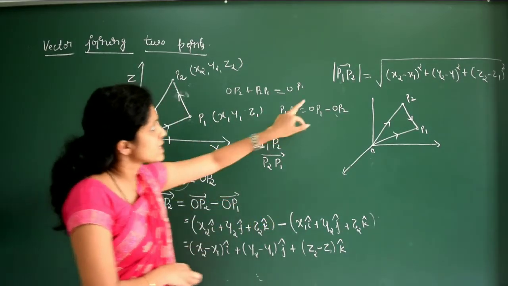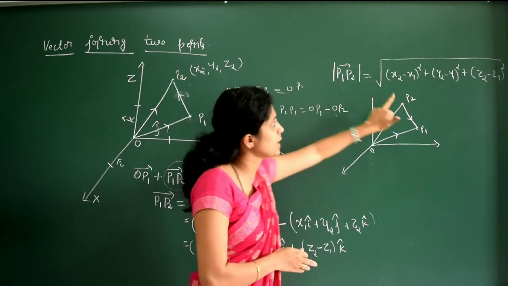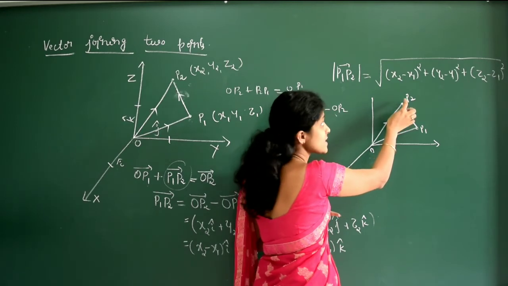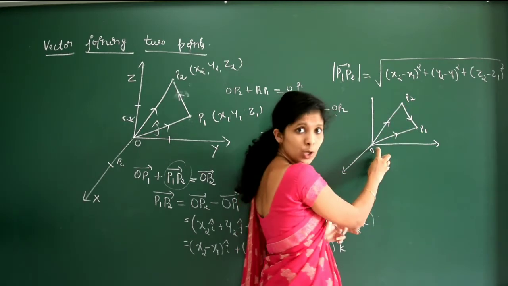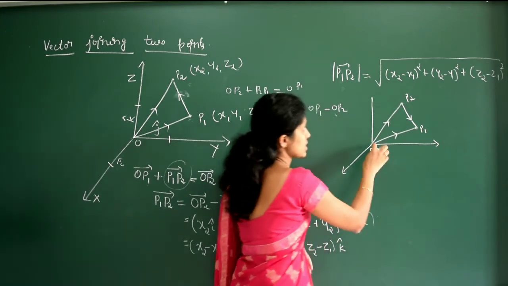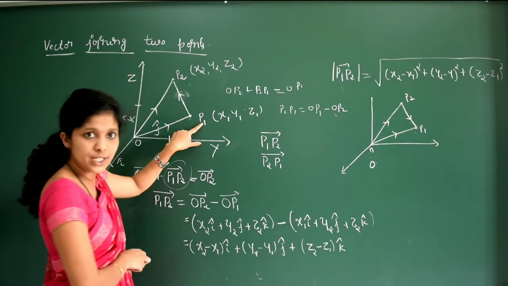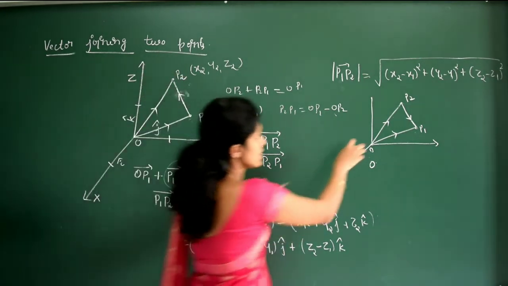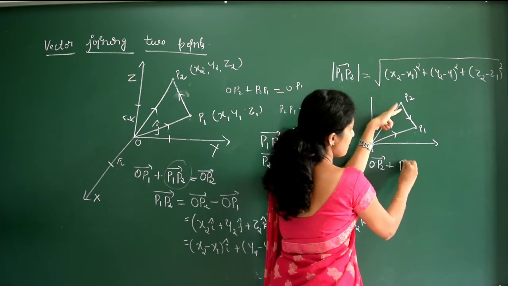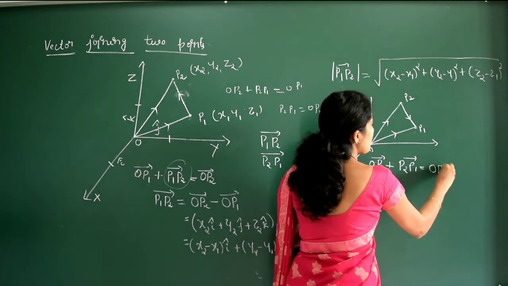If it is the P2P1 vector, I have considered OP2 plus P2P1 will be equal to OP1 vector. See the direction here, P2P1.